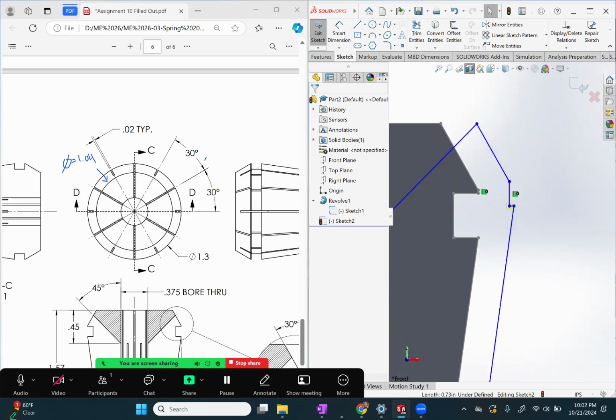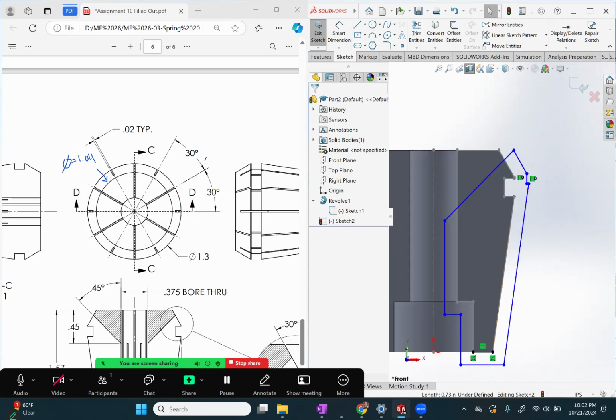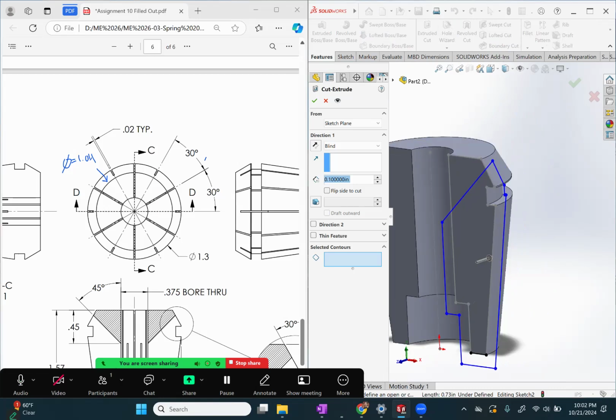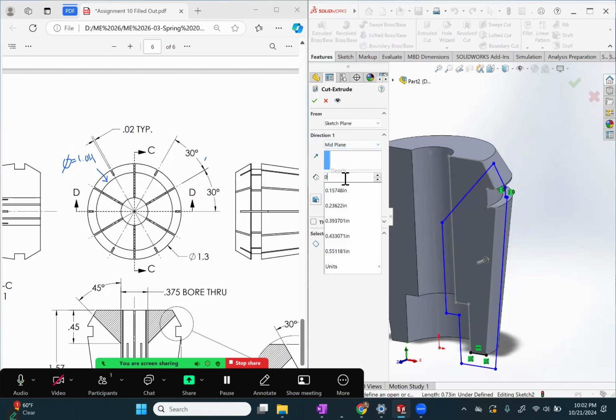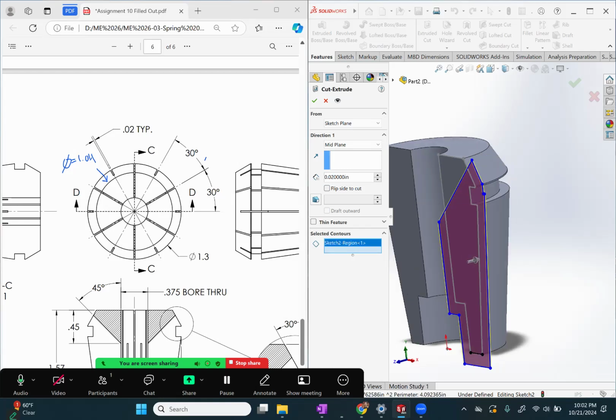Let me make sure this is fine. Now I have an open region that will make a cut past all of this. So let's try that again. Again, we're doing midplane. Our total distance is 0.02. This region we want to select is this.